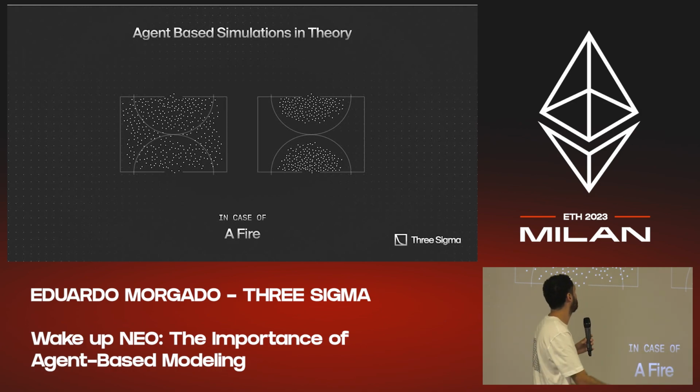We have here a very simple example. Let's say we have a set of people spread around a room, like this one, and a fire starts inside the room. We might want to better understand how quickly the people can leave the room. This sort of approach is good for understanding how these agents act, because we might have different types of agents, and the actions of some agents might change the way the other agents act.